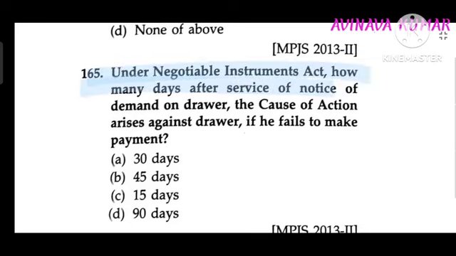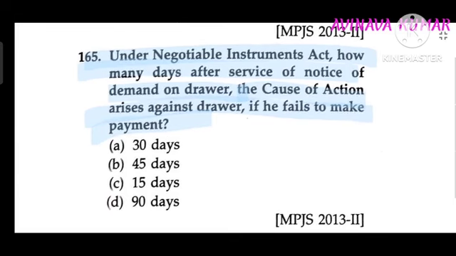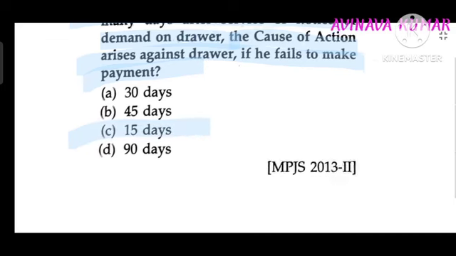Under NIA, how many days after service of notice does the cause of action arise against drawer if he failed to make the payment? 15 days.